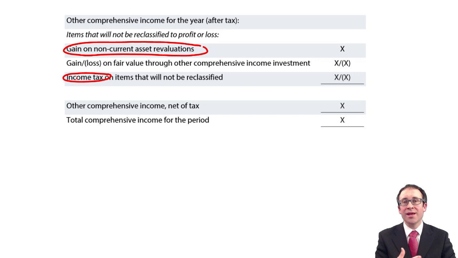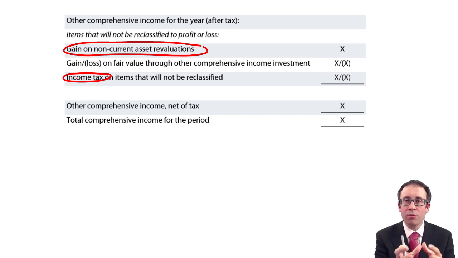Because previously, any movement that we've had in our deferred tax liability will go to profit or loss. But if there is a gain on revaluation of PPE, because that gain has gone to other comprehensive income, any tax upon that gain will also go to other comprehensive income. So it doesn't all go to profit or loss.